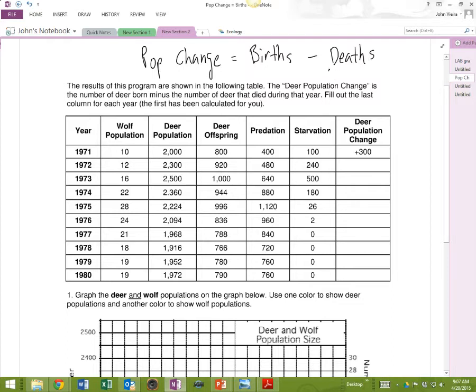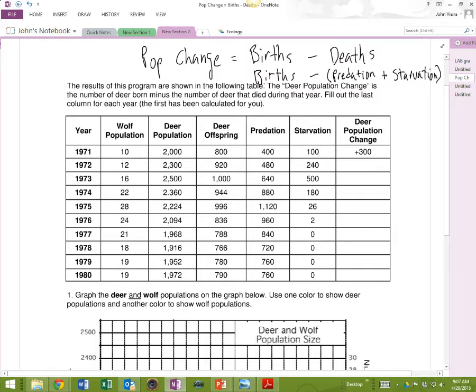But the deaths can either be from predation or starvation. So both of those combined is what you're going to be subtracting from the births. And then that population change, whether it's positive or minus, is going to then affect the deer population. Got it? Got it.